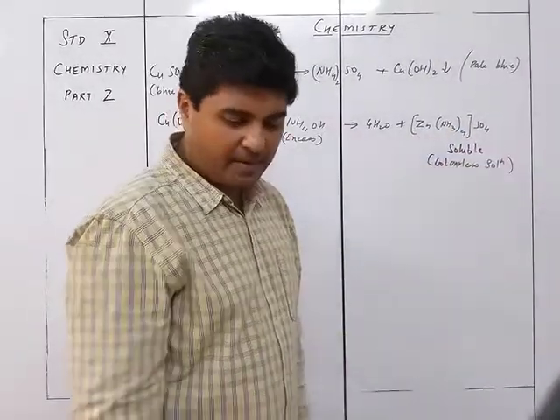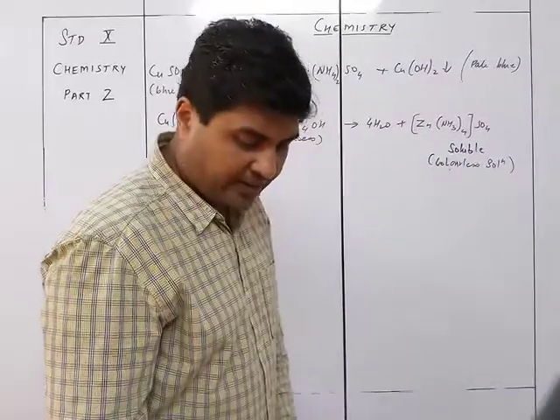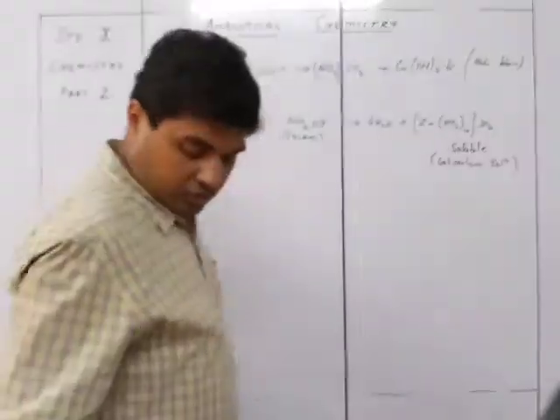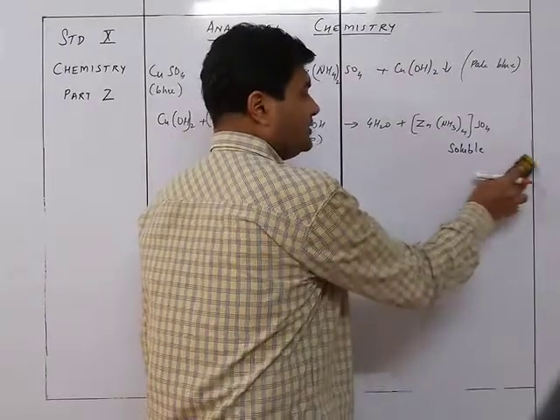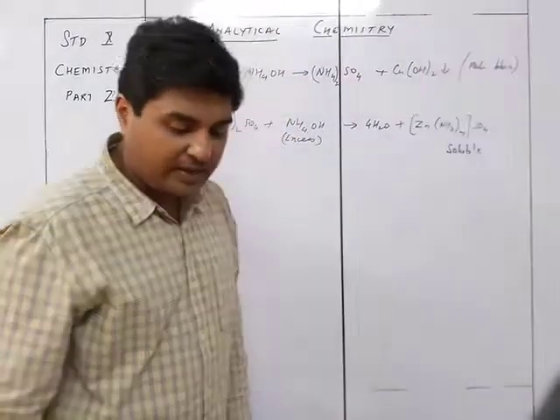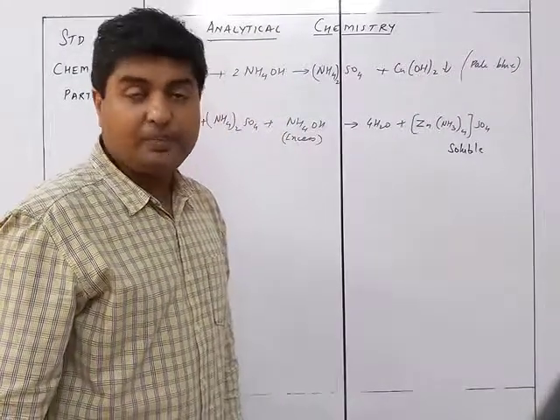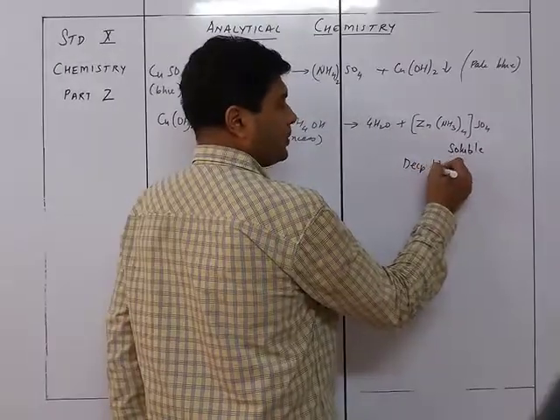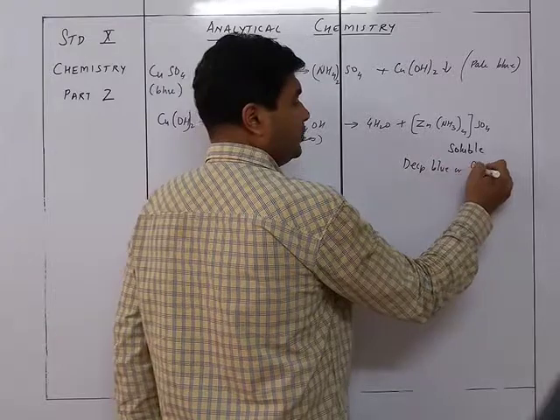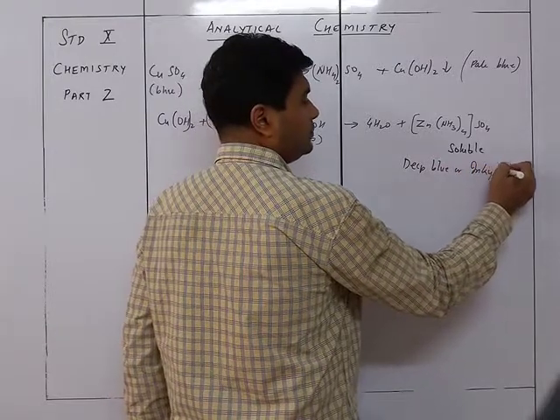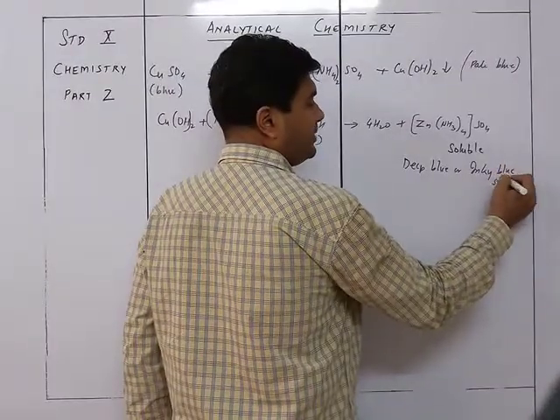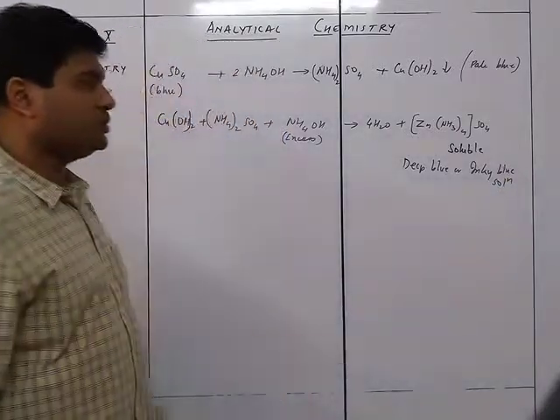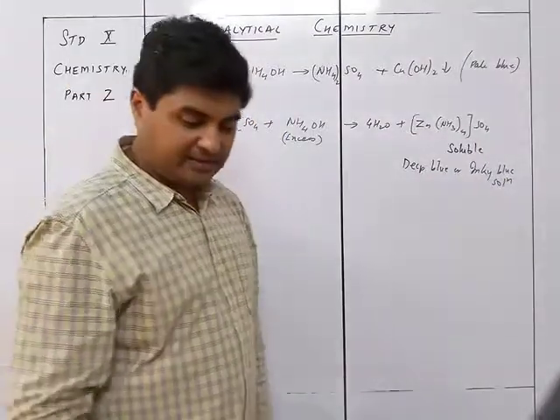And this is not a colorless solution, it has got a color in it, and that color is deep blue or inky blue. So it is a deep blue or inky blue solution which is tetraamine zinc sulfate.